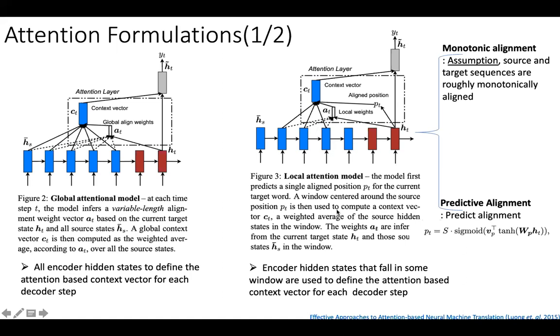So in the Luong et al. 2015 paper, they have used two strategies for that. One is monotonic alignment. What monotonic alignment means is they have assumed that the ith source sentence word will be translated to the ith target sentence word. So the alignment is monotonic.